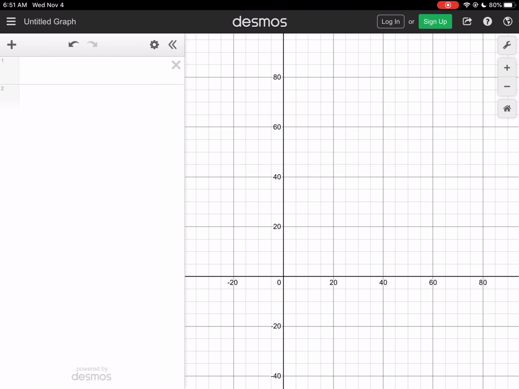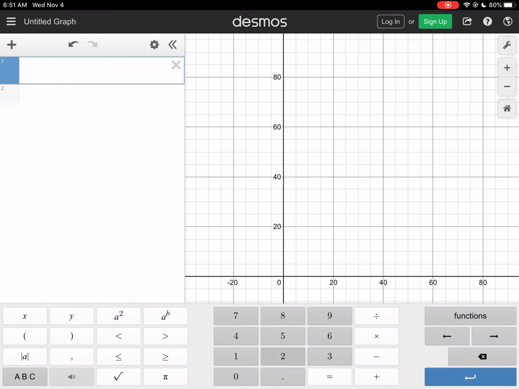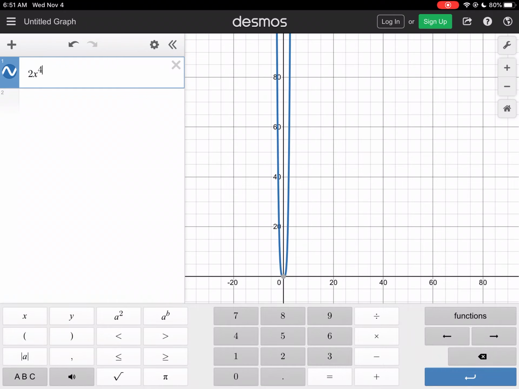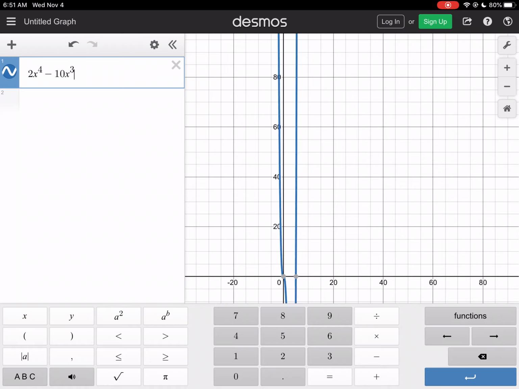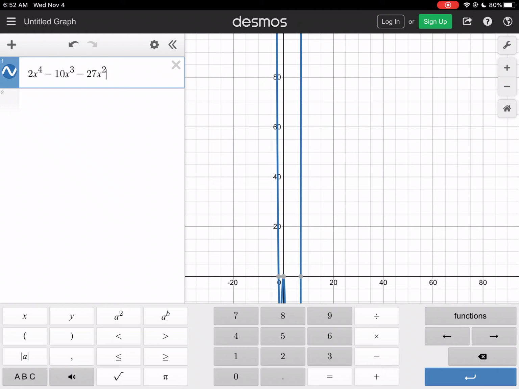So I'm going to type in 2x to the 4th minus 10x cubed minus 27x squared minus 8x plus 7.